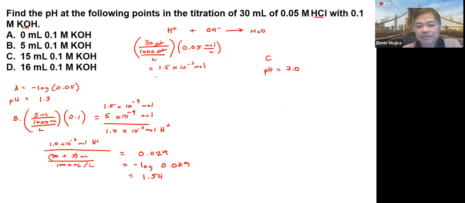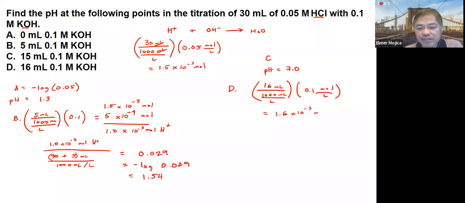Now for D, this is where you're going to get 16 ml divided by 1,000 ml per liter, and you're going to multiply it by 0.1 moles per liter. And you're going to get 1.6 times 10 to the negative 3 moles. Now, you can subtract the moles of your H+.